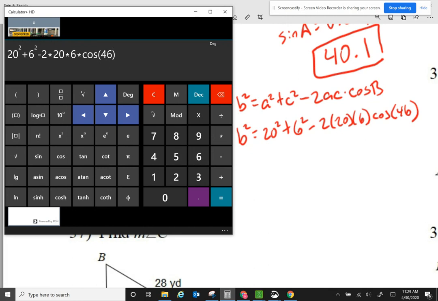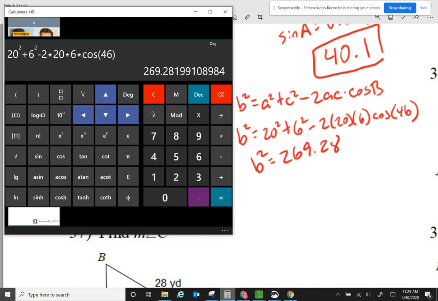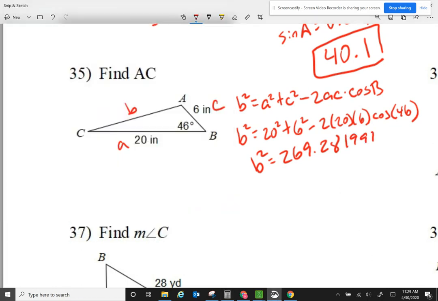So I have 20 squared plus 6 squared minus 2 times 20 times 6 times cosine of 46. And when I press enter, it tells me that b squared is 269.281991. That's b squared.